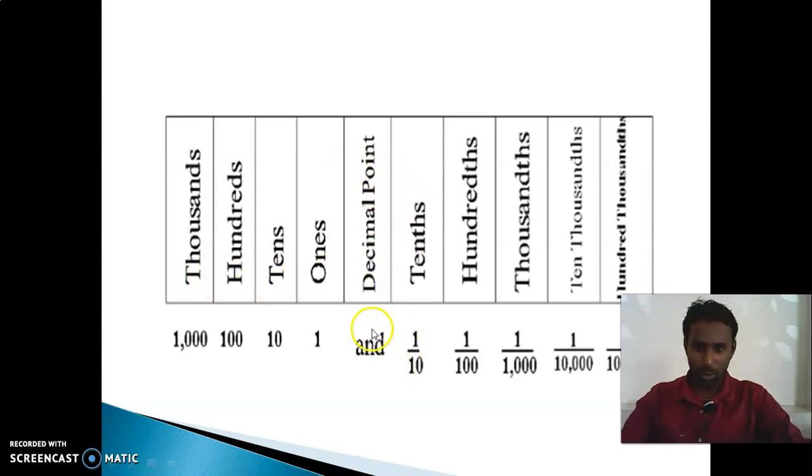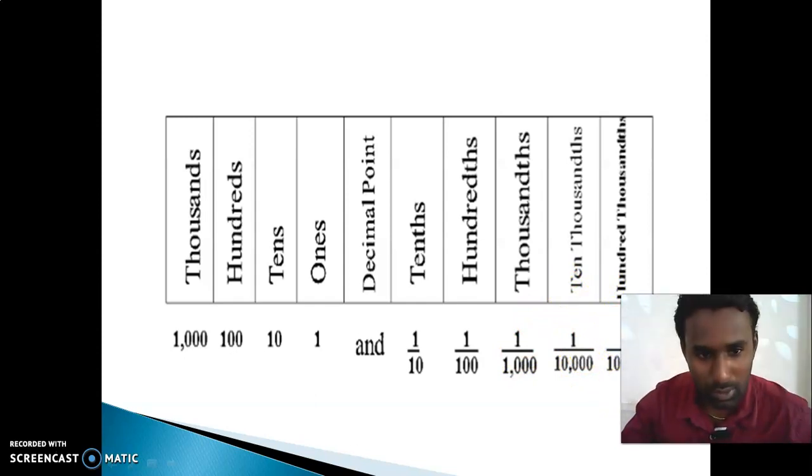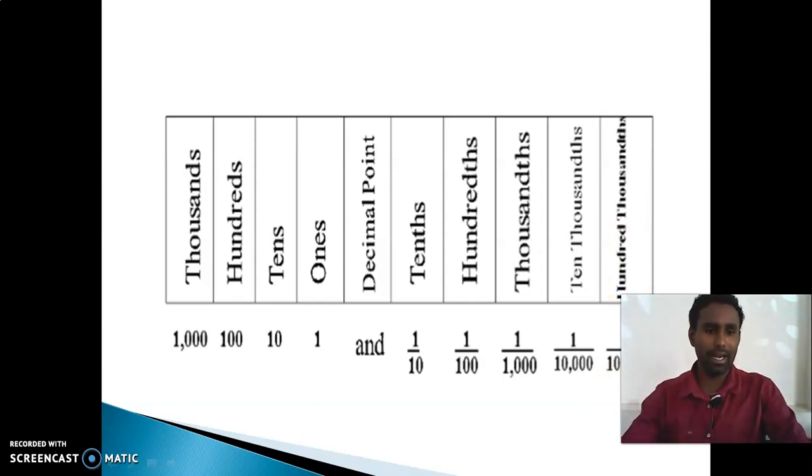Decimal point means you have to put one point. After the decimal point on the right side, first one is 1 by 10. Second one 1 by 100. Third one 1 by 1000. Fourth one 1 by 10,000. And here 1 by 1 lakh. So we can say it as 1 by 100,000 also, otherwise 1 by 1 lakh.